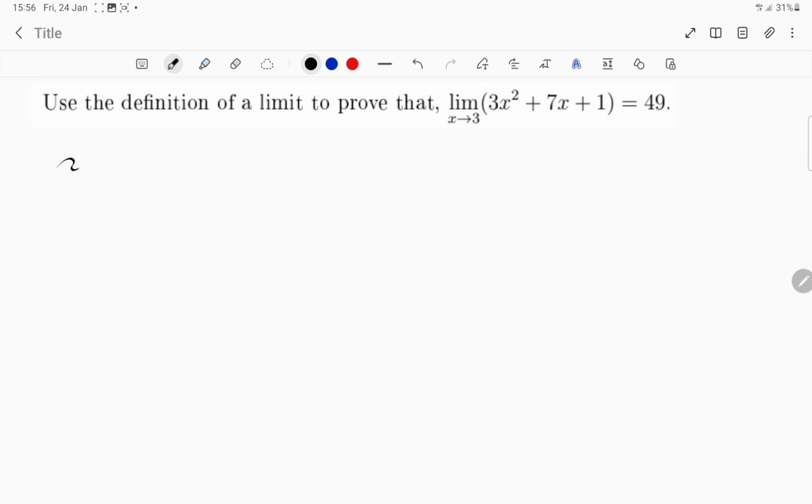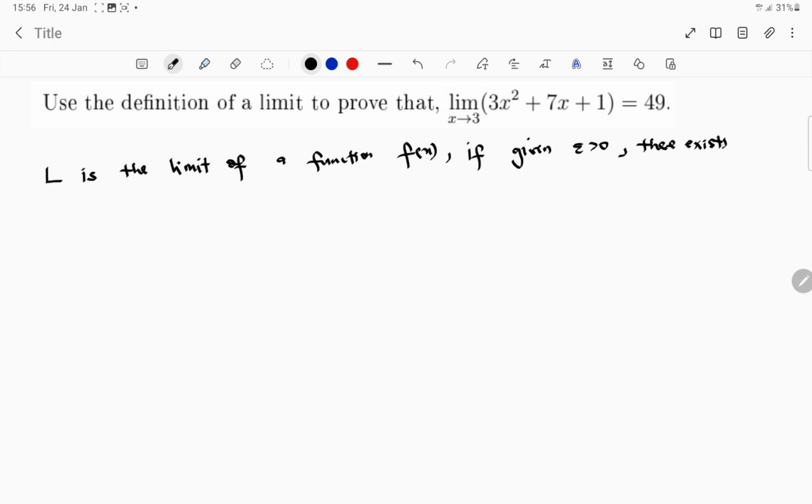It says that, let's say L is the limit of a function f of x if, given epsilon greater than 0, there exists a delta which depends on epsilon such that |f(x) - L| < epsilon whenever |x - a| < delta.